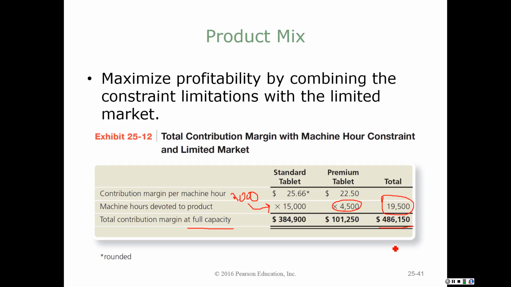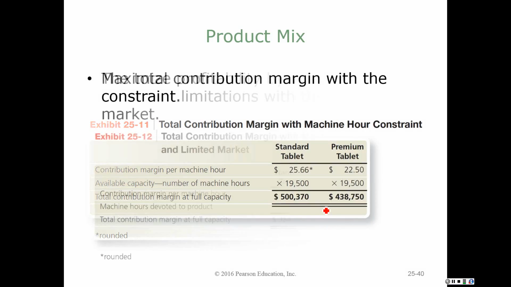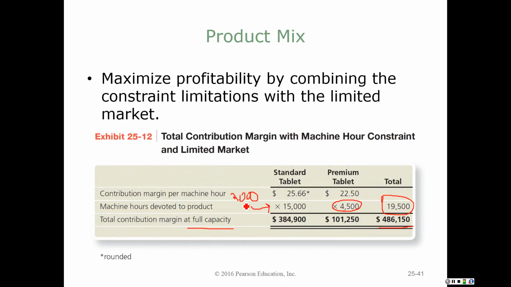Okay, so once again, it's a little misleading because if I truly wanted to calculate contribution margin, I would take 2,000 standard tablets, 450 premium tablets, and I would go back to my original contribution margin per tablet, 2,000 at 192.50, 450 at 225 would give me my total contribution margin based on, let's come back here, the fact that I'm selling 2,000 standard, 450 premium tablets to maximize 15,000 hours for these tablets, 4,500 hours for these tablets.